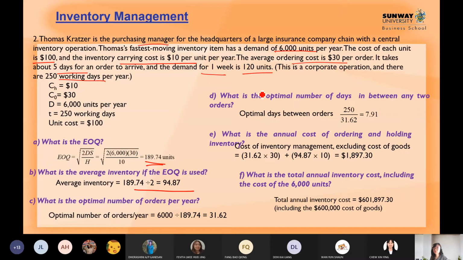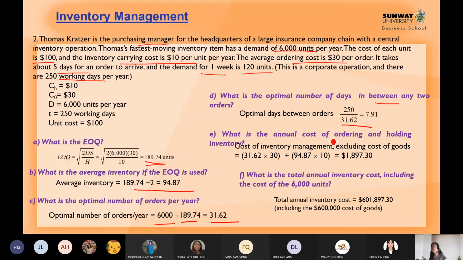What is the optimal number of cycles? 31.62. You just take the demand divided by the minimum quantity. So you have 31 cycles. So how frequently do you order? About every 7 or 8 days. So you know how the inventory schedule works.